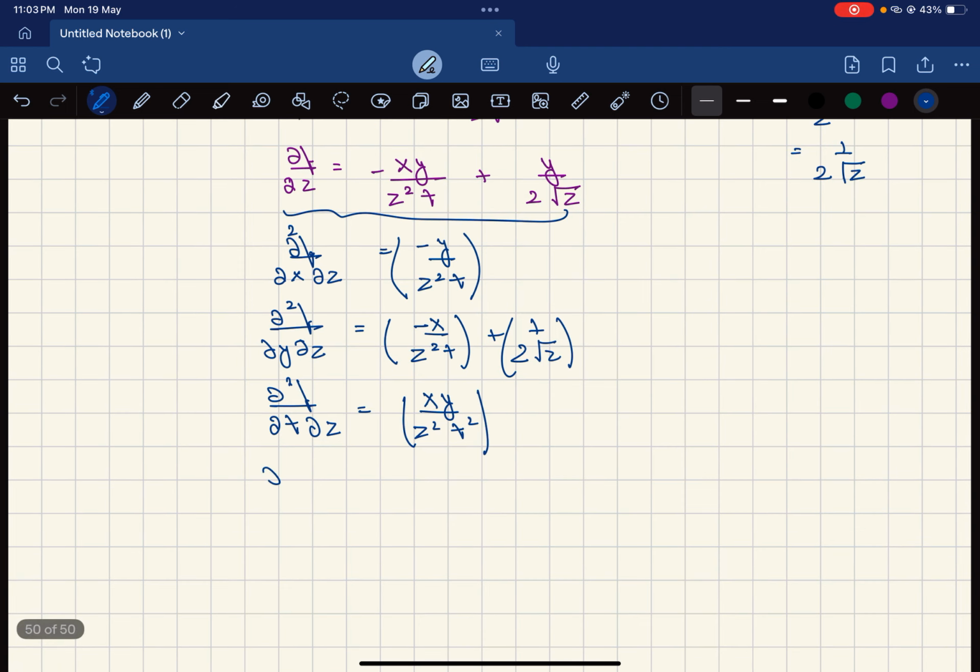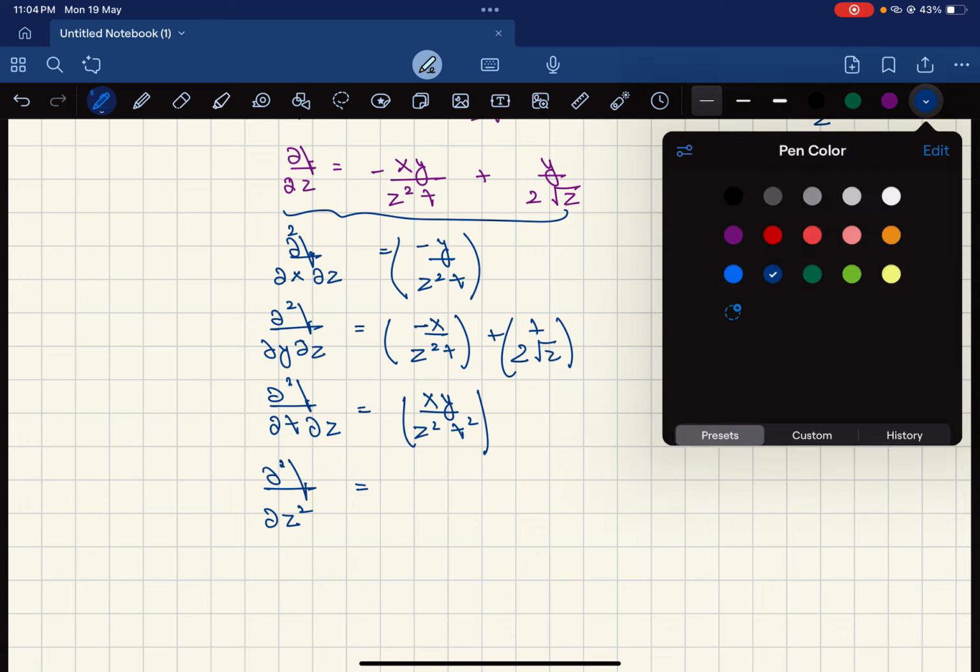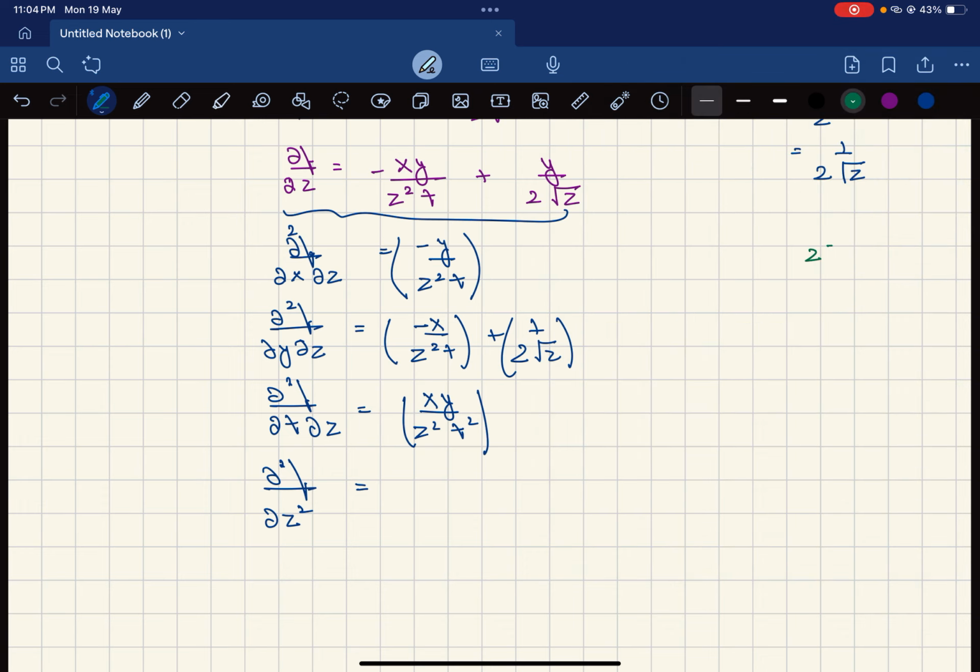And finally we can repeat the derivative with respect to z itself. So this becomes ∂²f/∂z², which is nothing but, the derivative of -1/z² is -2/z³, because z raised to power -2 becomes -2z raised to power -3, which is -2/z³.